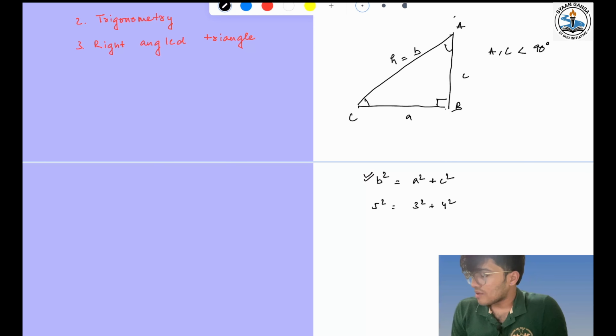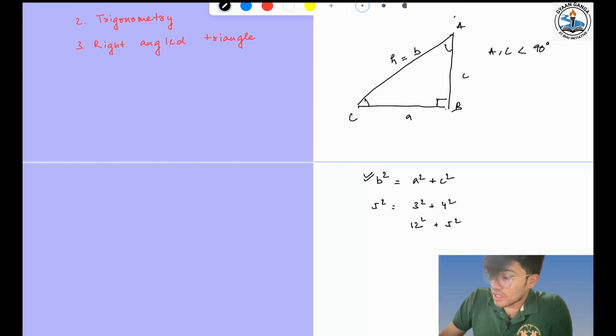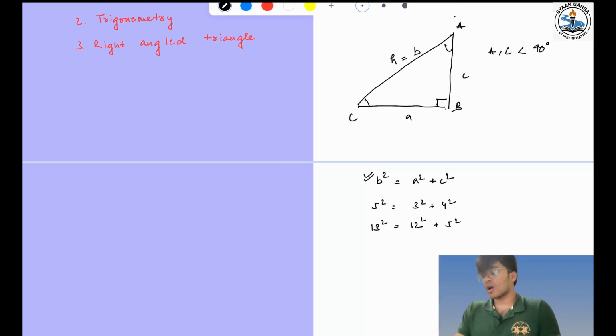Then you have 12 square plus 5 square gives you 13 square. Now as a homework, I want you to find out the common Pythagorean triplets till 10.